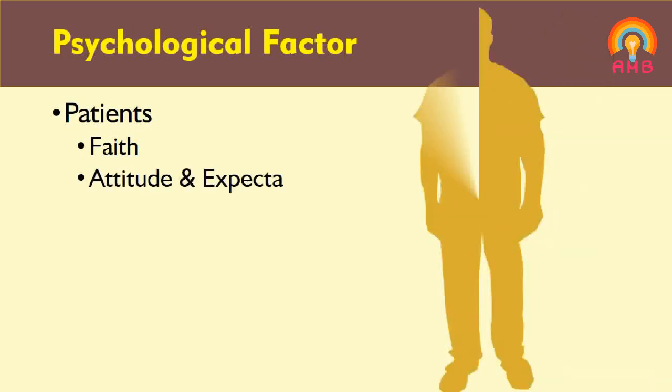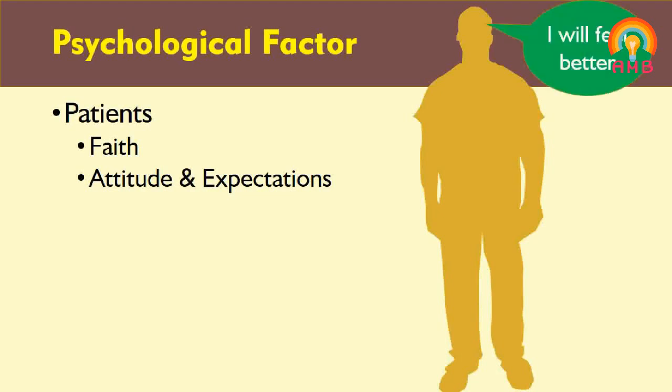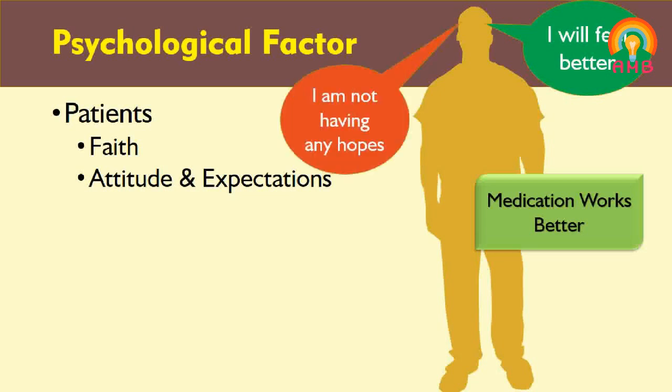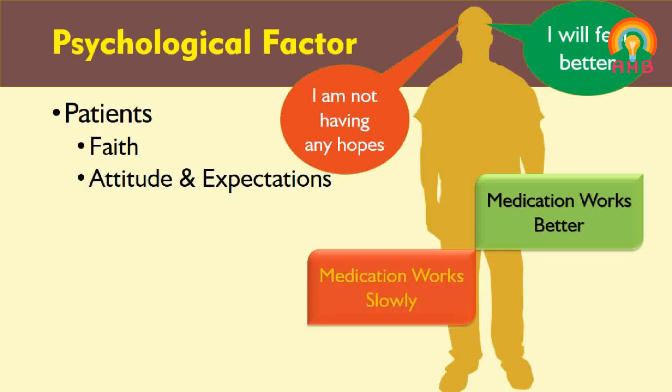The patient's attitude and expectations also play an important role. If the patient has the attitude that I will be out of this situation as early as possible, it will help the medicines do their work easily and rapidly. But if the person has the attitude that I will not come out of this situation, I have no hopes, then the effect of the drug cannot be seen properly.